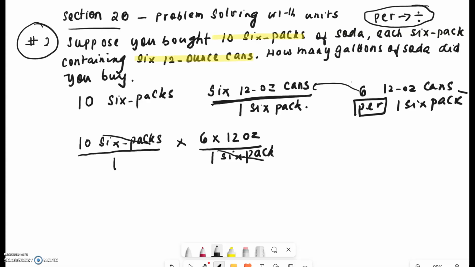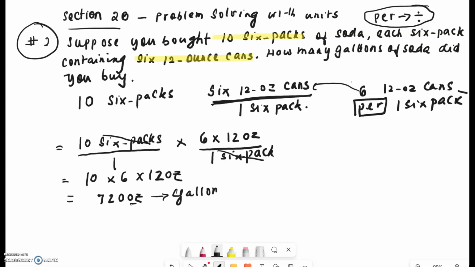So if I set it up this way and multiply these two quantities, I'm left with 10 times 6 times 12 ounces of soda in the can. So 12 times 6 is 72 times 10 is 720 ounces of liquid or soda in the cans. Now we're going to convert ounces to gallons.